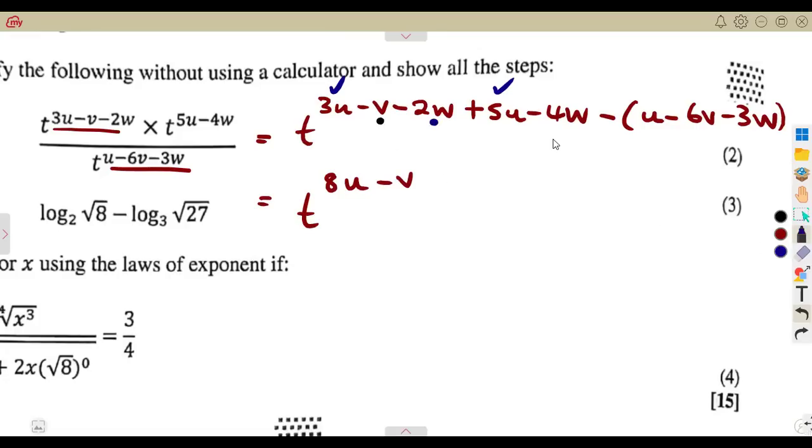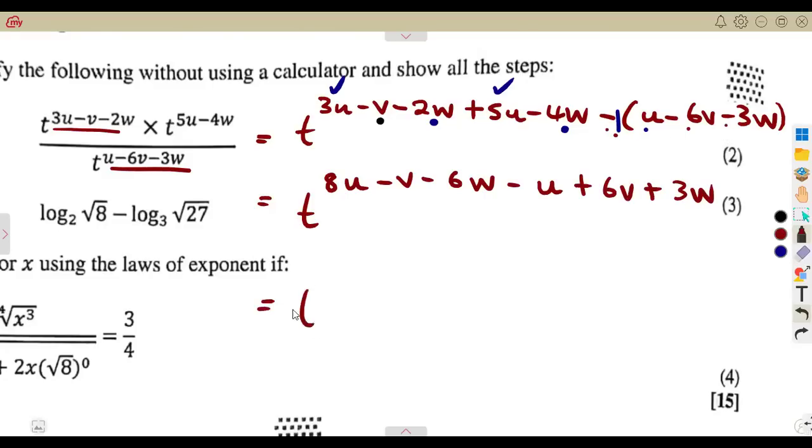There is minus 2w here, minus 4w here, which is going to be minus 6w. Then expand the brackets. This is negative 1 times u, which is negative u. Negative 1 times negative 6 will be a positive 6v. Negative and negative 3 will be a positive 3w.